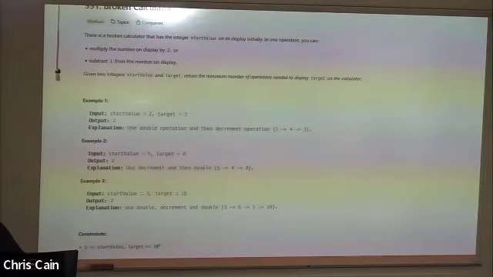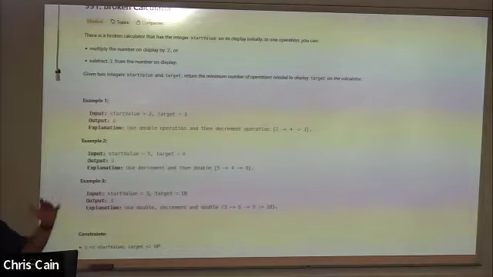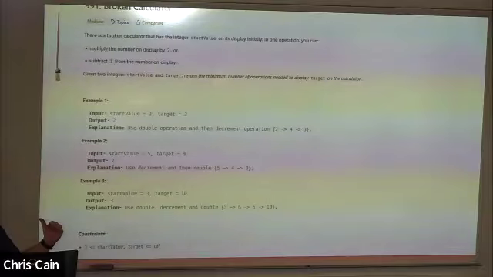I would think that there's probably going to be more. So let's say the target is a perfect power of 2, and start value is less than half of target, but it's 1 more than a power of 2. So if target is 16 and start value is 3, then you would want to decrement to 2 and then double to 4, double to 8, double to 16.